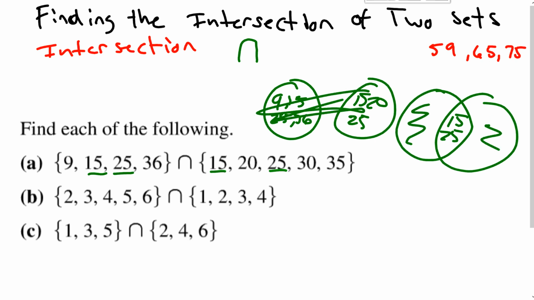So what this equals is the set 15 and 25. If they have nothing in common, then it is the empty set, and the empty set is just this.